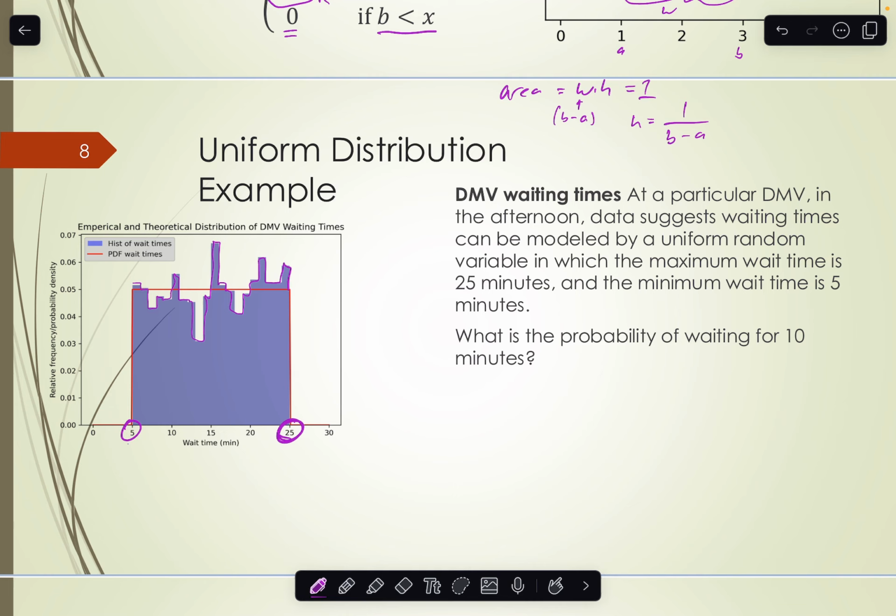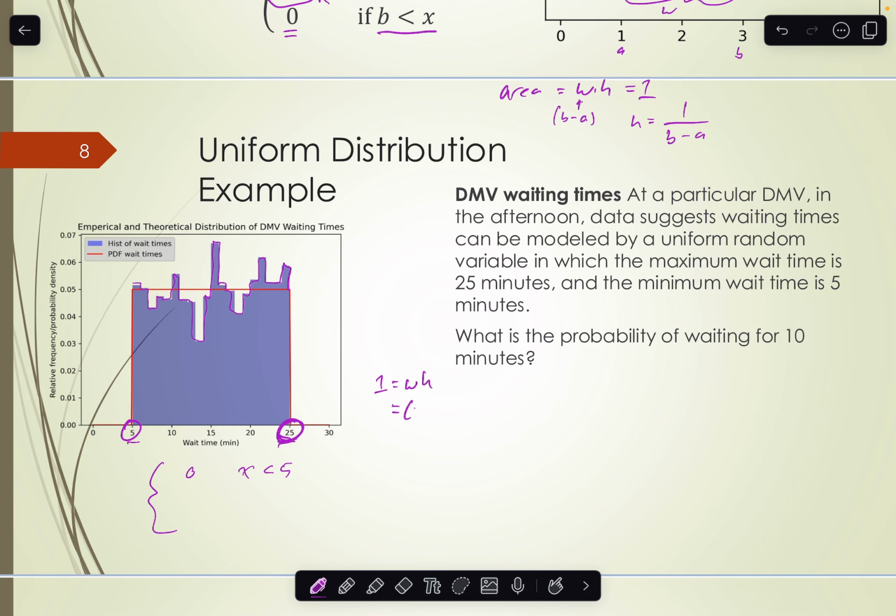Okay, so if it is a uniform distribution with values appearing from 5 to 25, then the probability density function here is going to be 0 when x is less than 5, and 1 over 25 minus 5, which is 1 over 20. I want the area to be 1, so 1 equals width times height.